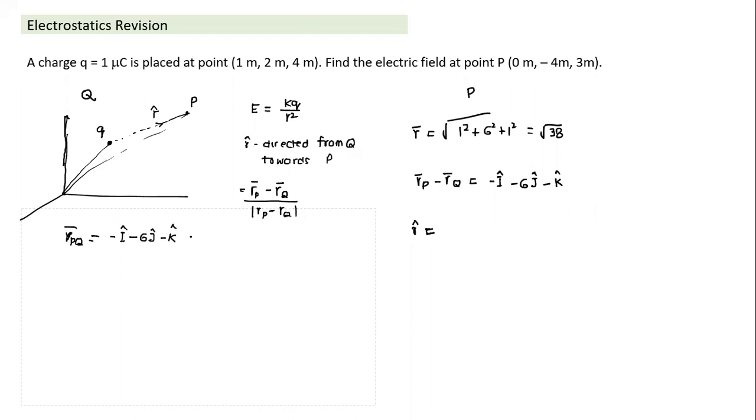This indicates the position vector of P with reference to charge Q. So the distance between the two, R, becomes equal to root of 38. And the unit vector becomes equal to minus I cap minus 6 J cap minus k cap divided by root 38. So I'll substitute all the values here.